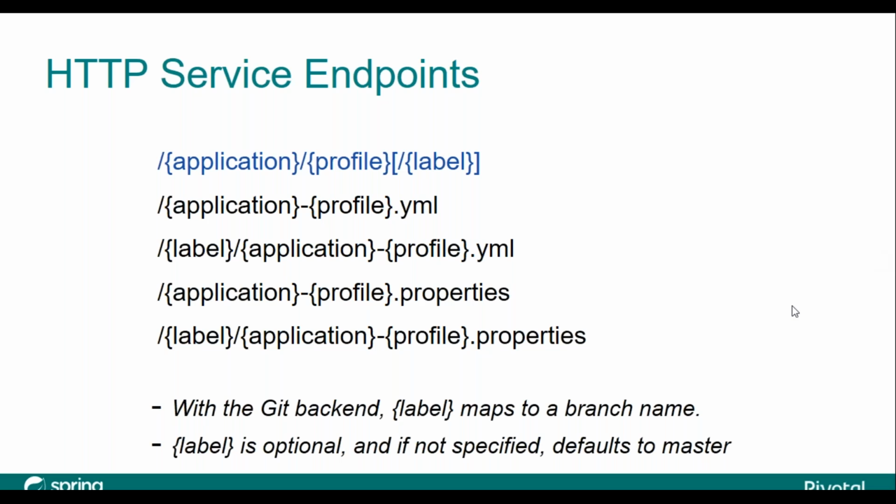The first one is slash your application name, slash your profile, then slash a label. Then you can also look at one more endpoint like application dash profile dot YAML file, or you can also have label slash application dash profile dot YML file.